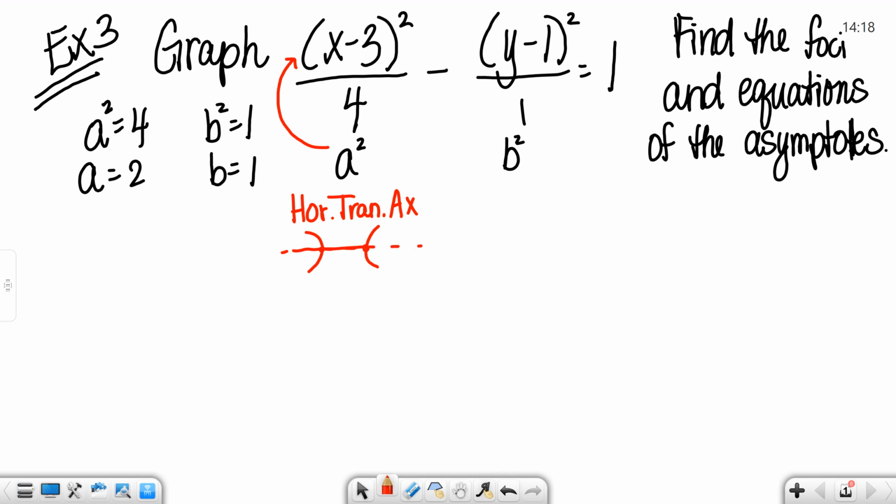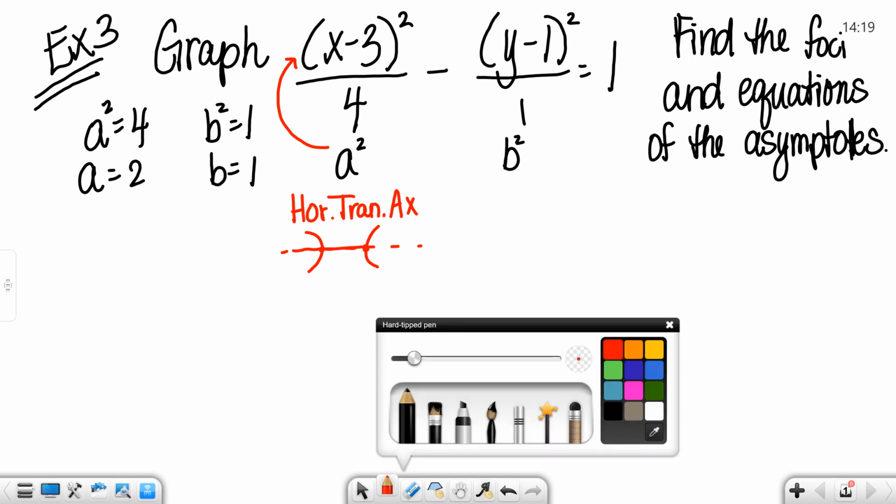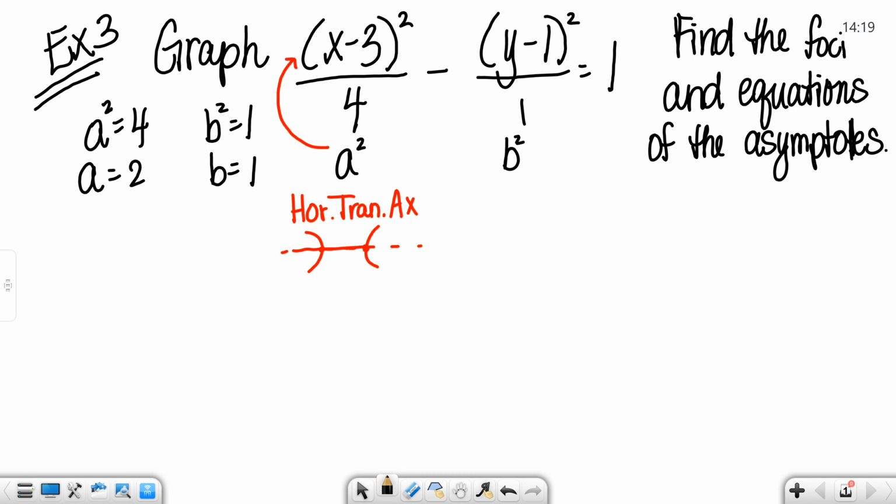This is just a sketch for me to remember what this thing is going to look like. Next thing I need to know is my c value. So a squared plus b squared, so my c value is the square root of 5.